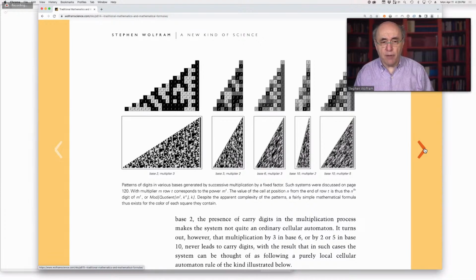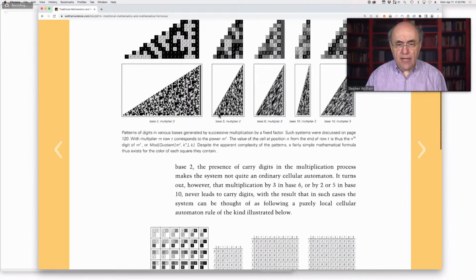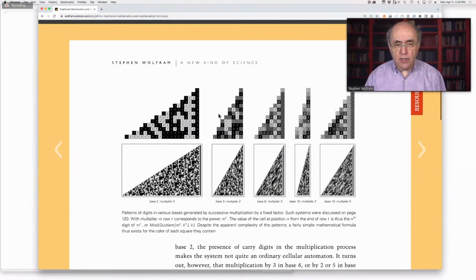There's one more example of that. This is powers of 3 in base 6. I'm sorry, I first said powers of 2 in base 3, and then powers of 3 in base 2, but it should be powers of 3 in base 6, not base 2. It turns out that that pattern of digits is actually a local pattern of digits made by a cellular automaton. So imagine that we had a cellular automaton. It's a particular cellular automaton that, for example, corresponds to this here.